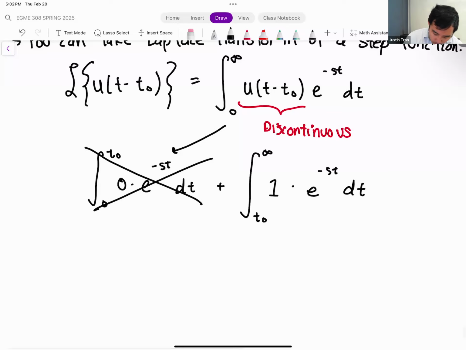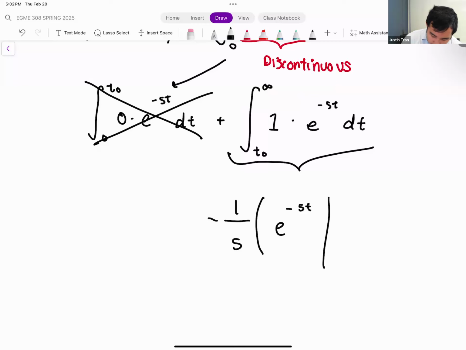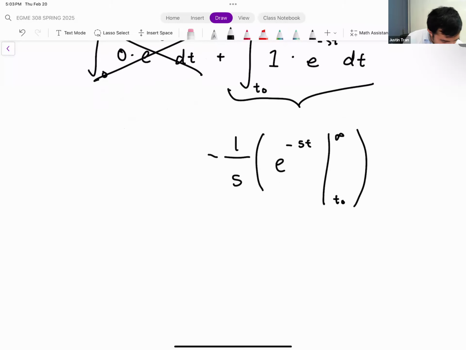Okay. This second term we can integrate, so let's go ahead and do that. So we have minus 1 over s multiplied by e to the minus st evaluated from t equals t naught to t equals infinity. Okay, so if we evaluate this at the integration bounds, we have minus 1 over s times e to the minus infinity minus e to the minus t naught times s.